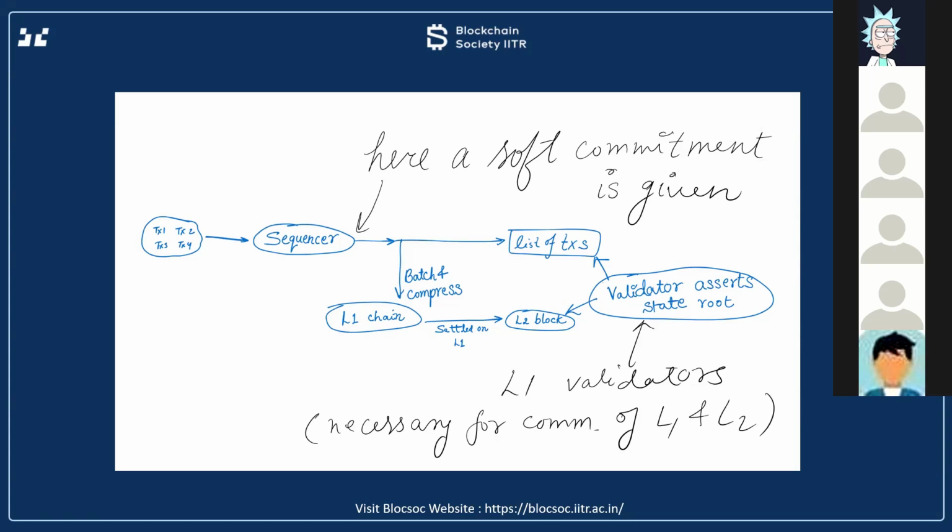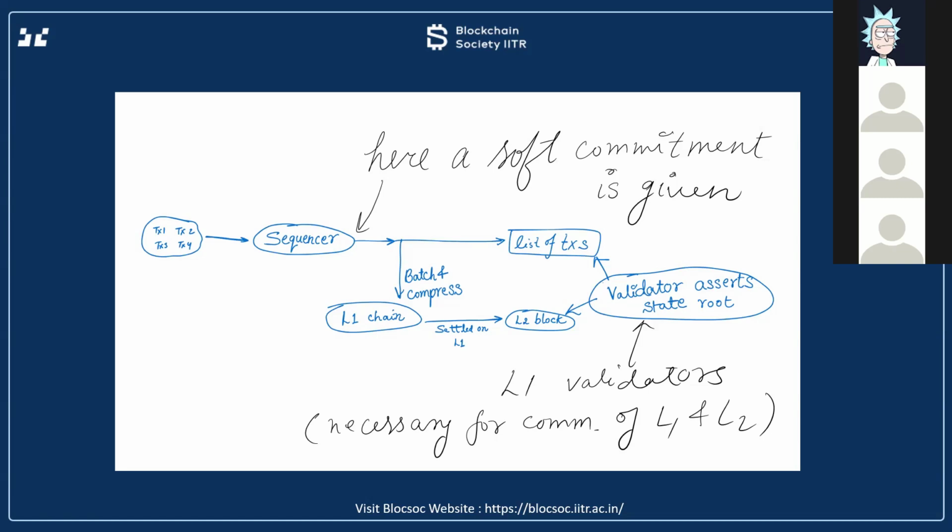It can confirm that this transaction will be included in the batch that it will create, but it may not be sure if it will be included on layer 1 too. So it can't give a hard commitment or a proper commitment that it will be included, but it can give a soft commitment because of its special permission that it can include the transaction in its batch.